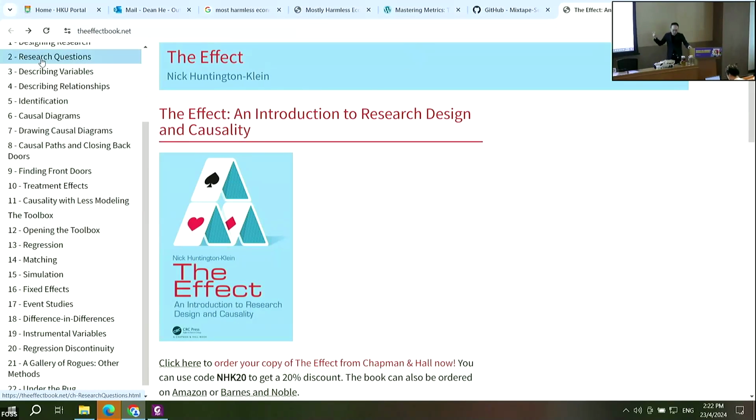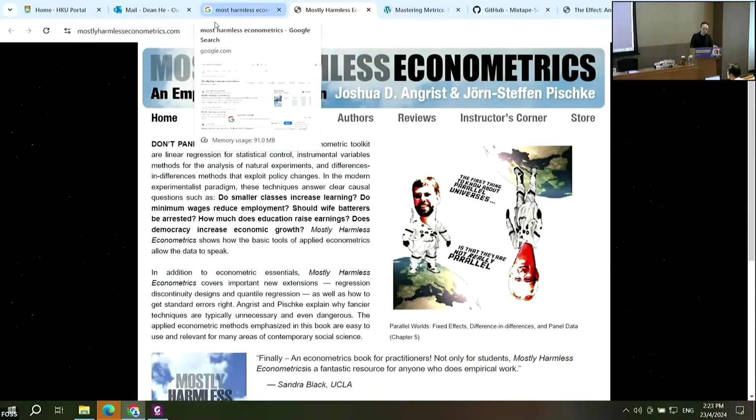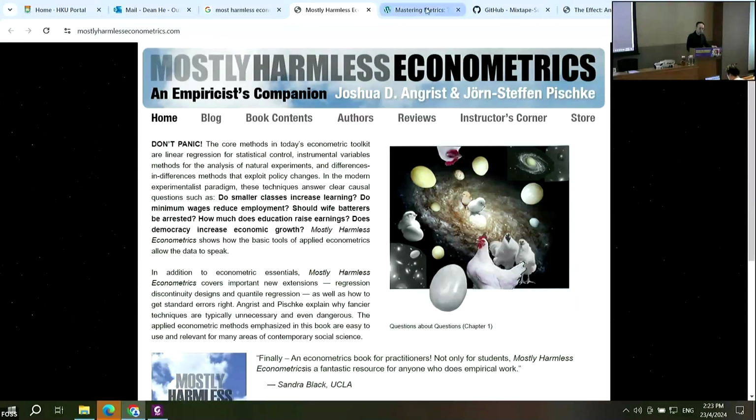So I hope this could be another major takeaway from the workshop that we ran today. You don't necessarily have to bother to read Mastering 'Metrics or Mostly Harmless Econometrics at this point. But if you are doctoral students, or someone thinking about pursuing advanced study in social science or empirical research, then you can read it later on in your doctoral journey, year four or so, to read more examples.